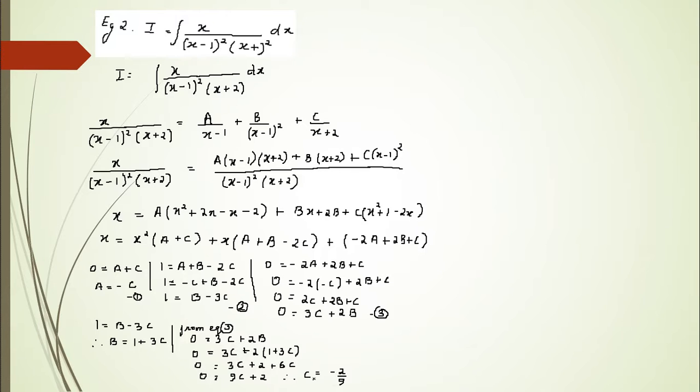Right? Now from this I can get the value of b from this equation. I know b is equal to 1 plus 3c, so now putting the value of c, I'll get b is equal to 1 plus 3 into minus 2 by 9.